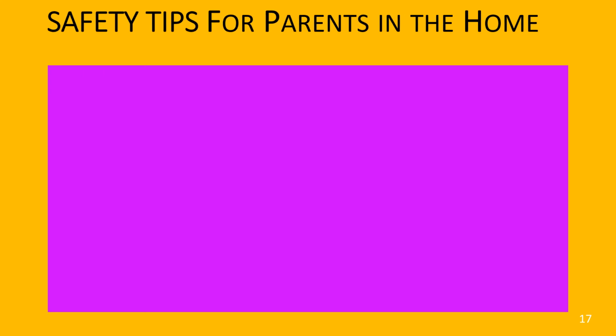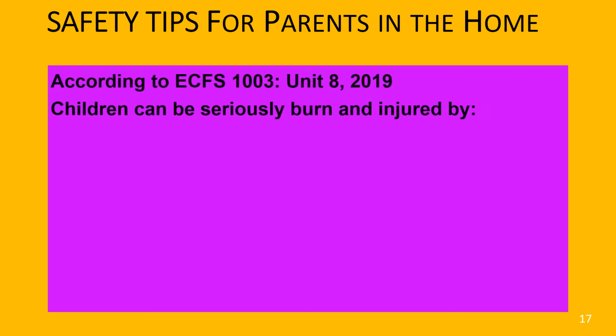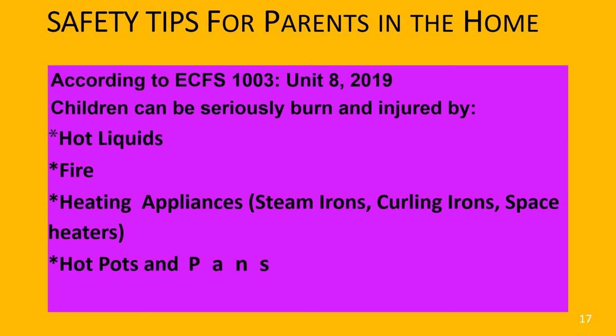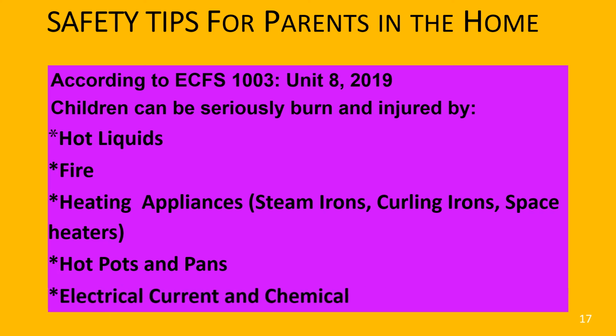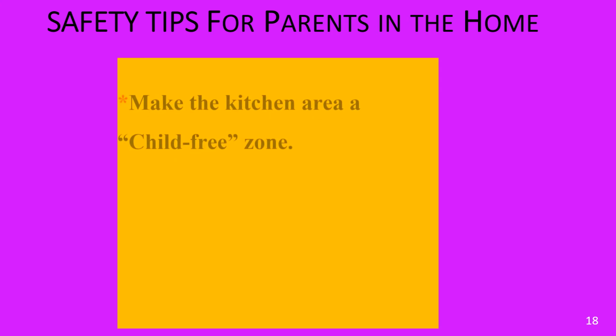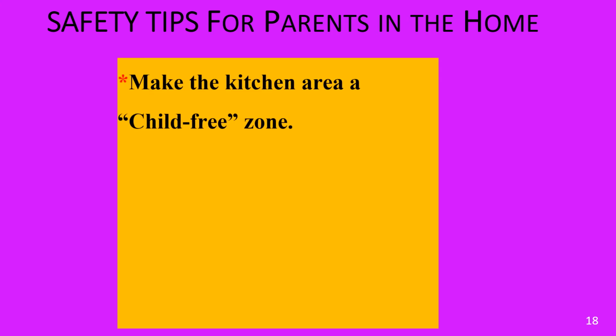Burn prevention safety tips. Children can be seriously burned by hot liquid, fire, heated appliances, hot pots and pans, electrical current, or chemicals. Parents, it is your duty to make your home a safe place for your child. One way of doing this is to make your kitchen a child-free zone.